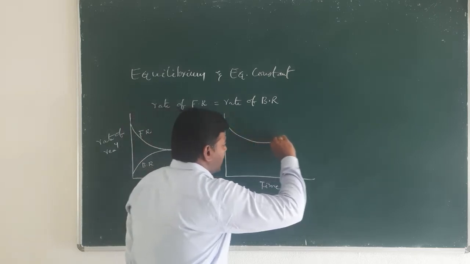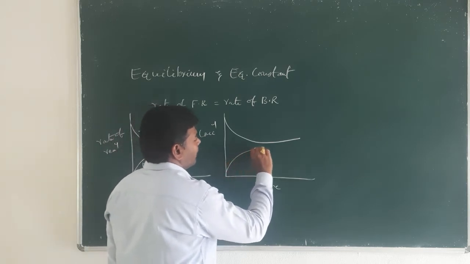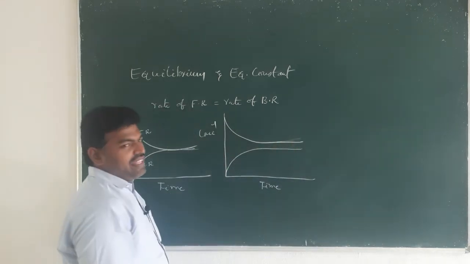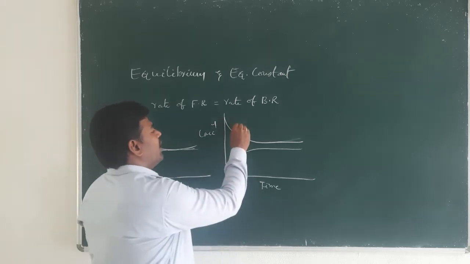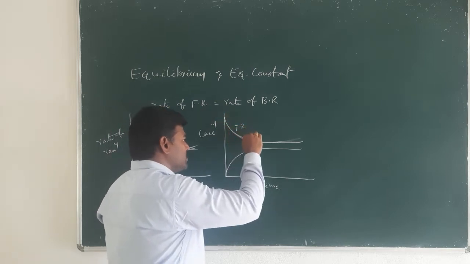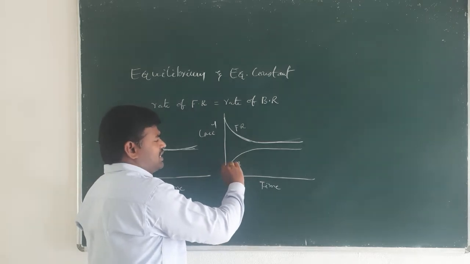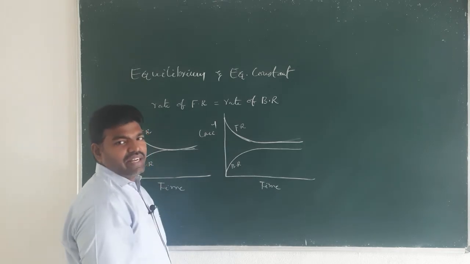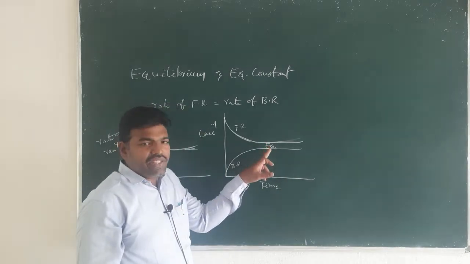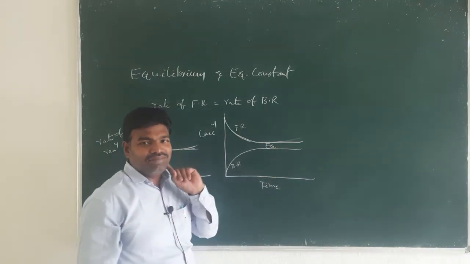This is the forward reaction in which the concentration of reactants decreases, and this is the backward reaction in which the concentration of products increases. At equilibrium, the concentrations of reactants and products no longer change.